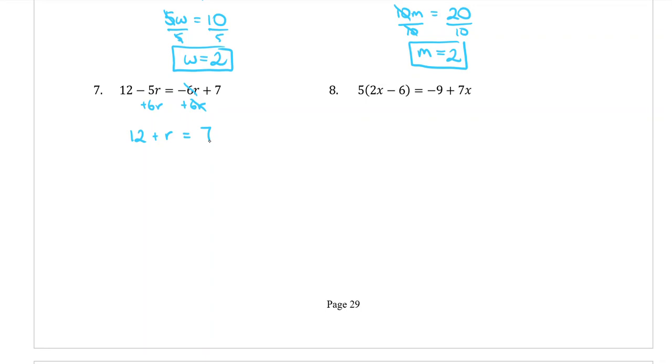Does anyone want to tell me what's left after you've done your r's? Anyone get something different? Is it minus r or plus r? It's positive. It should be positive. Yes, that's what you should have. Good.